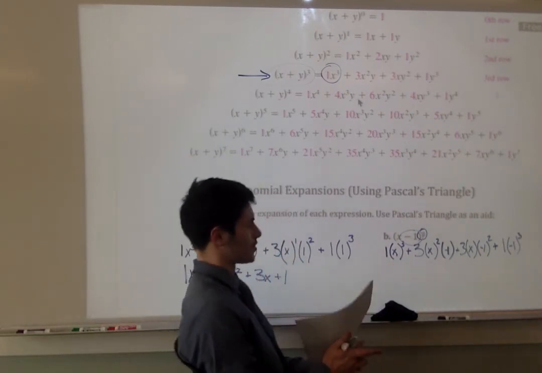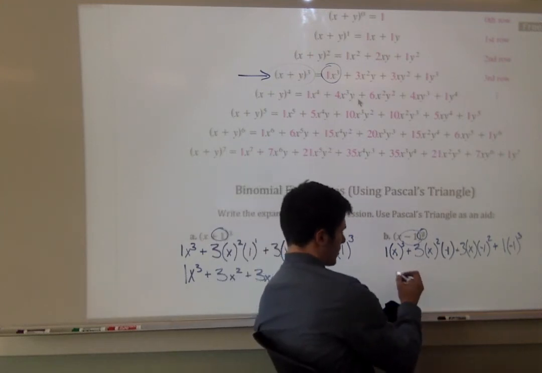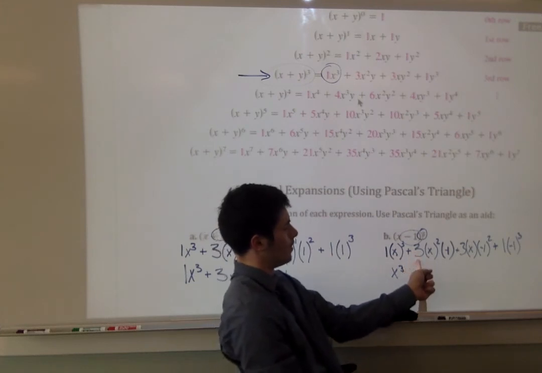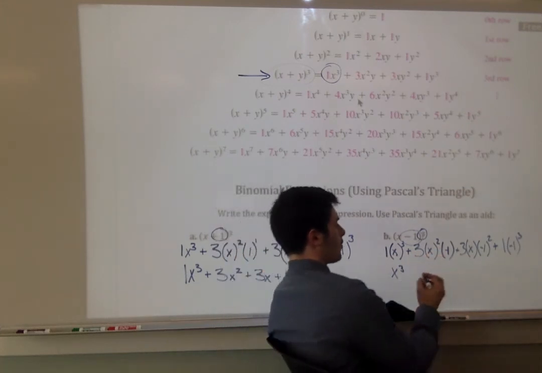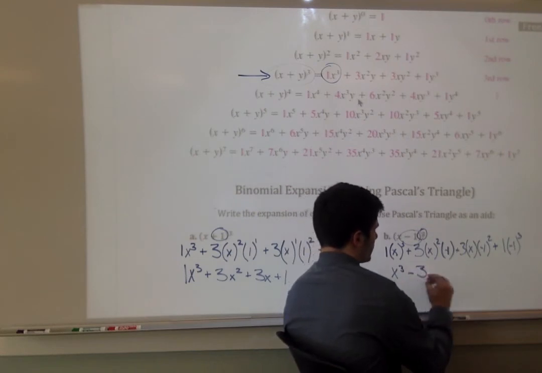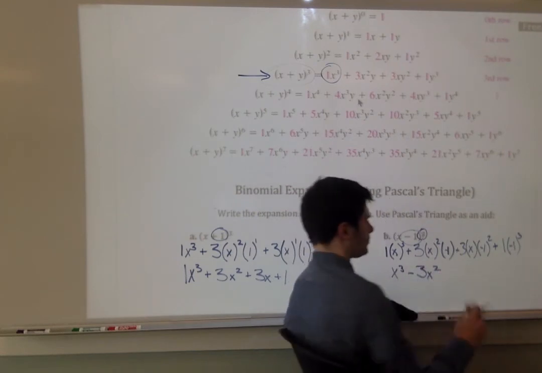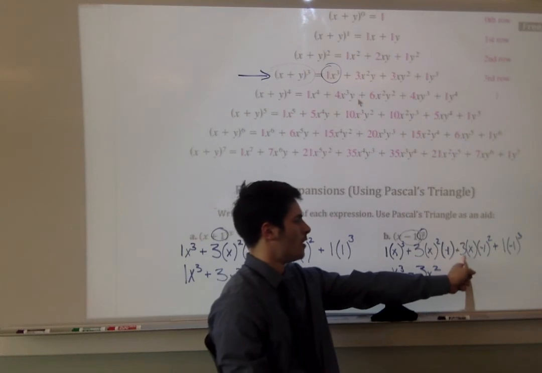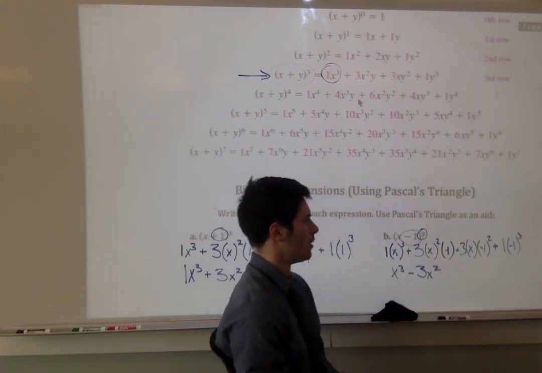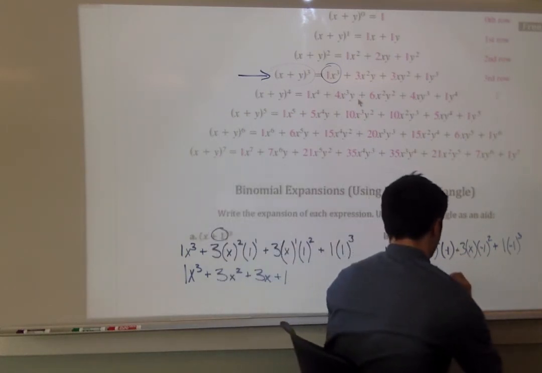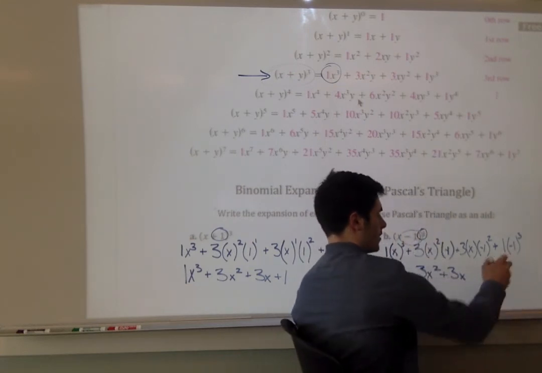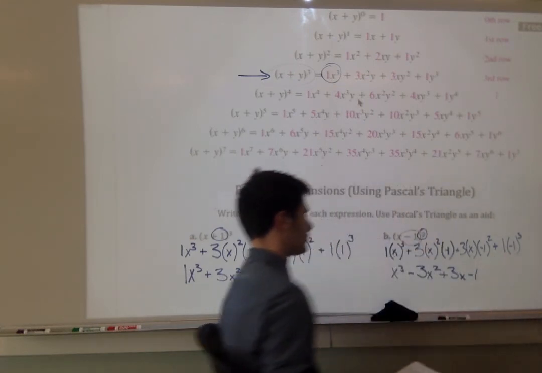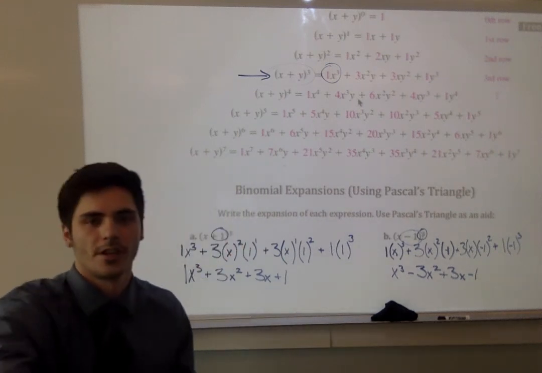And so to simplify this one, we get x cubed, and then 3 times x squared times negative 1 is negative 3x squared, so minus 3x squared. And next up, 3x times 1 is just 3x, so plus 3x. And then lastly, we have a negative 1. So that's those two examples.